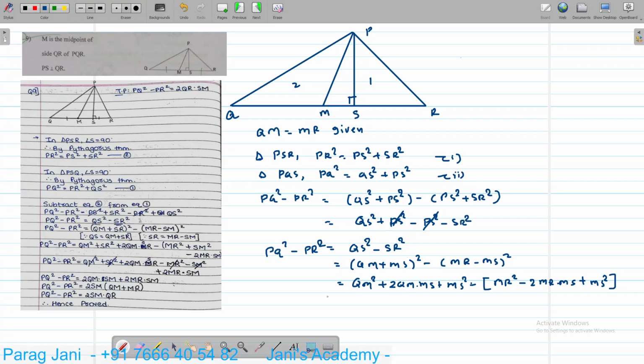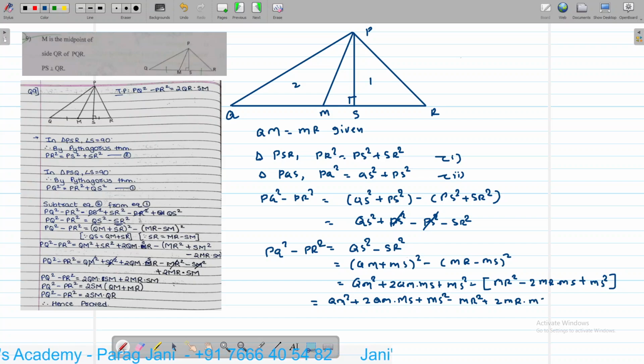Now you need to open the bracket. QM square plus 2 QM dot MS plus MS square minus MR square plus 2 MR dot MS minus MS square.